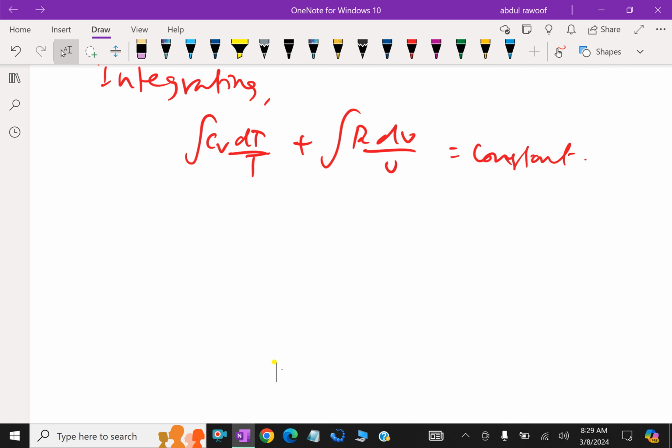Then Cv is the constant, taken out of integration, and dT by T is log T, plus R is a constant, taken out of integration, and dV by V is log V, which is constant.